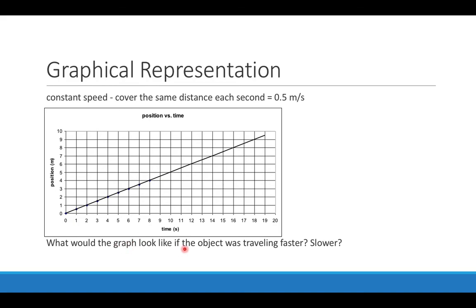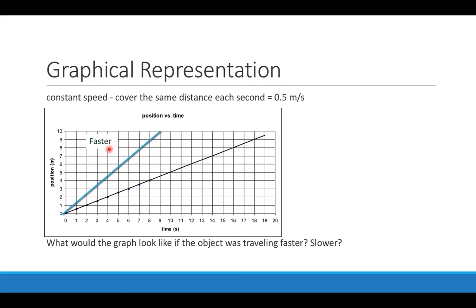We could ask, what would the graph look like if the object was actually traveling faster? So if it was traveling faster, that would mean that it would cover more distance every second that goes by. So after 1 second, instead of being at 0.5 meters, it would actually be higher because it would be covering more distance. So for an object that's traveling faster, it would still be a straight line, but it would have a steeper slope.